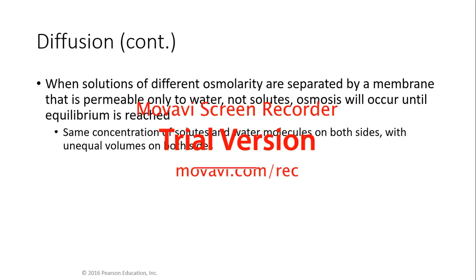And again, you determine that by looking at the particles, the solid particles. If it has low solid particles like it does on the left, that means it has high water. Water is always the opposite of the particle. Okay, so low solute particles, high water concentration. High solute particles, low water concentration. So water goes from high to low, from left to right.